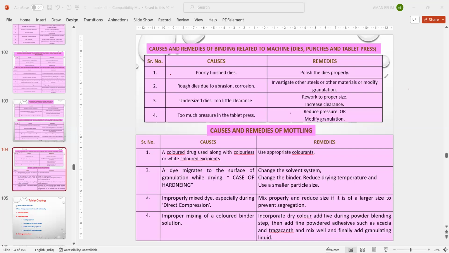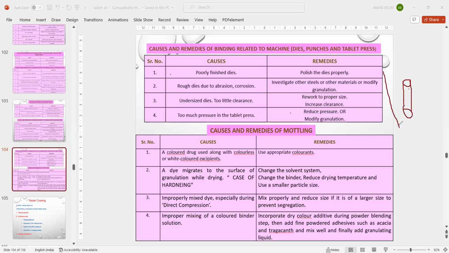Tell me. Poor flow of granules for rat holing. Yes, very good. A structure like this is observed in your hopper.